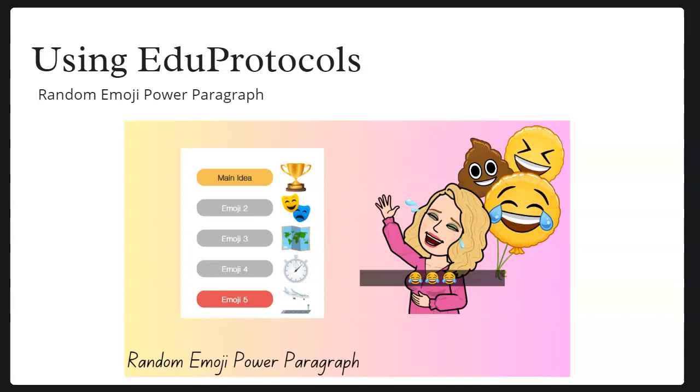I have considered presenting using technology in the classroom with a workshop on something called Edu Protocols. Edu Protocols are instructional lesson frames designed to engage students in learning. And here is how I could implement ARCS while presenting this information to adult learners.